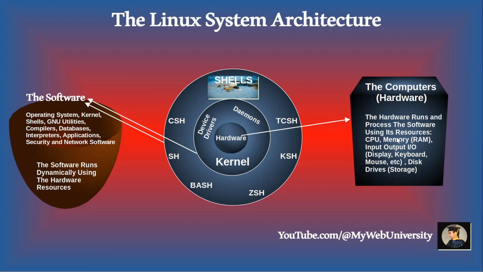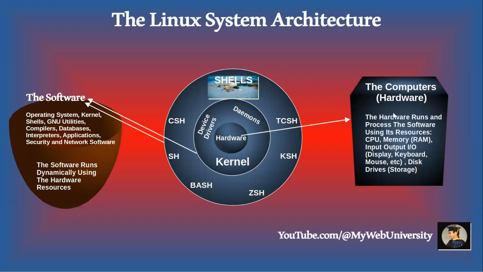The resources are the CPU, central processing unit, memory, random access memory, which is the physical memory, and the input-output, IO, and then display, which is the keyboard, the mouse, the disk, and all the drives. Everything storage-wise, they're the hardware.